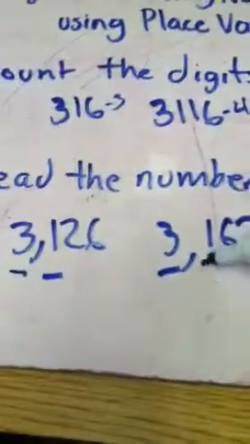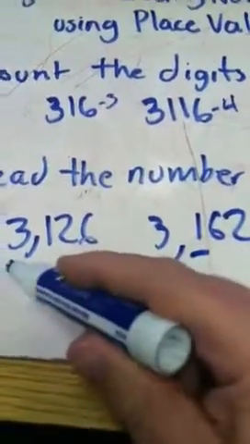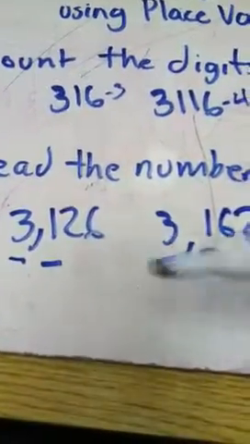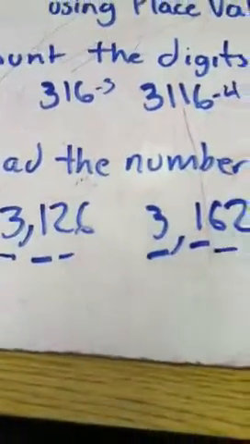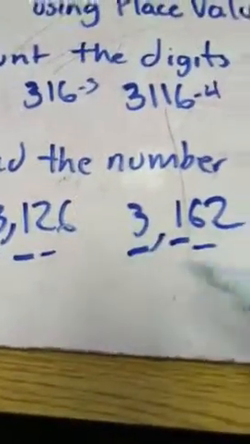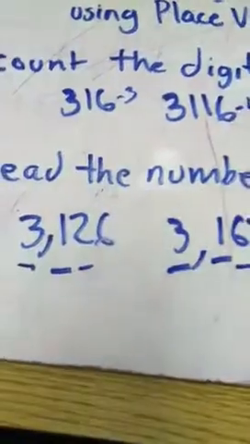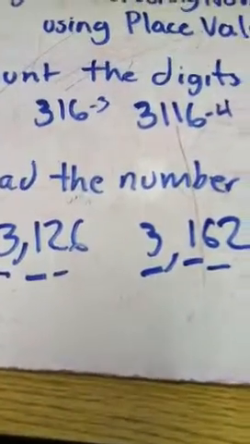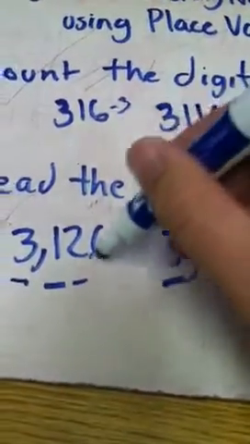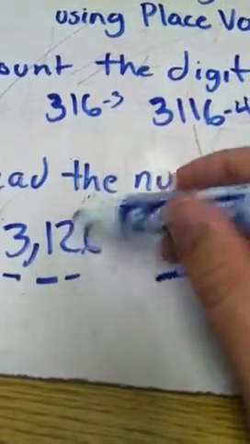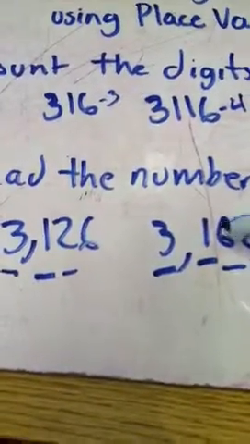And as I go to the right, I'm going to keep comparing. So I start with a 3, 3, same. I have a 1 and a 1, they're the same. And then I have a 2 and a 6. So here's where they're different. And at this point, then, I could take these and say, okay, this number here, because it has a 2, is smaller than this number over here that has a 6.